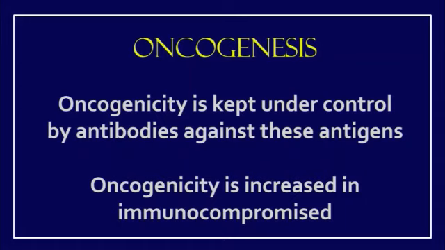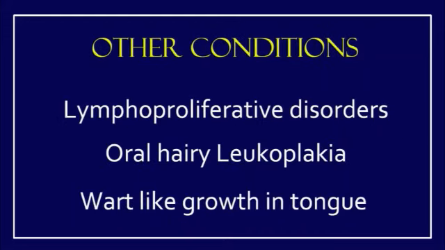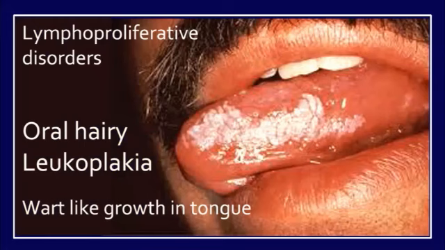Hence, oncogenicity is markedly enhanced in immunocompromised individuals. The other conditions associated with Epstein-Barr virus are lymphoproliferative disorders seen among immunodeficient patients and oral hairy leukoplakia. This is a wart-like growth of epithelial cells of the tongue developed in some HIV-infected patients and transplant recipients.